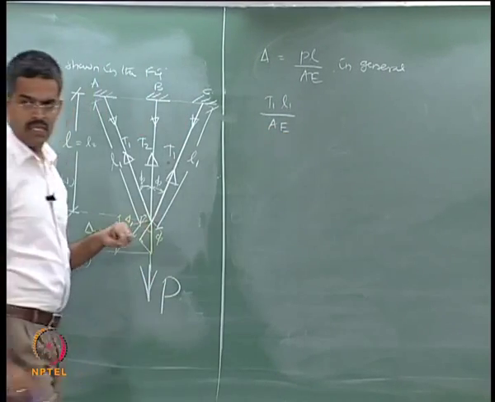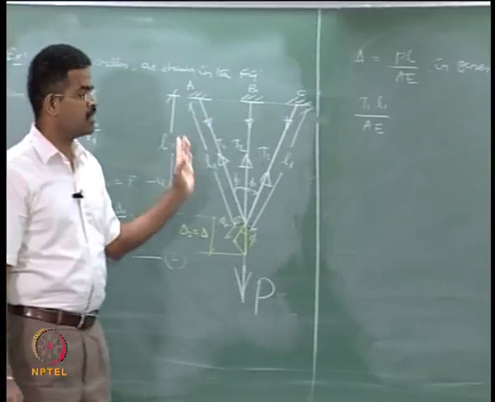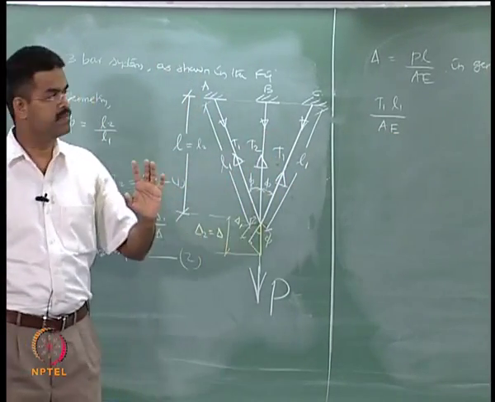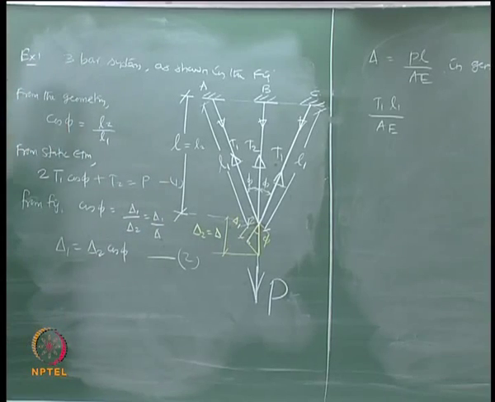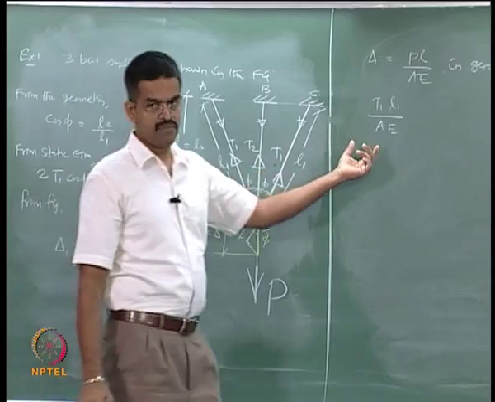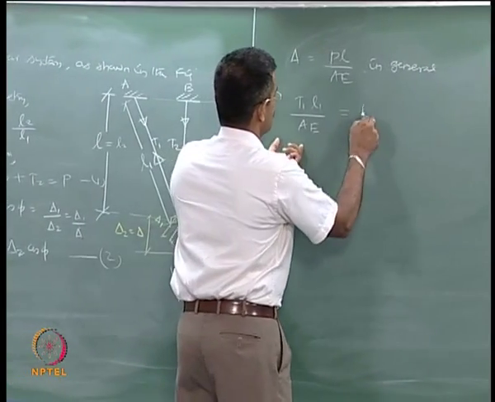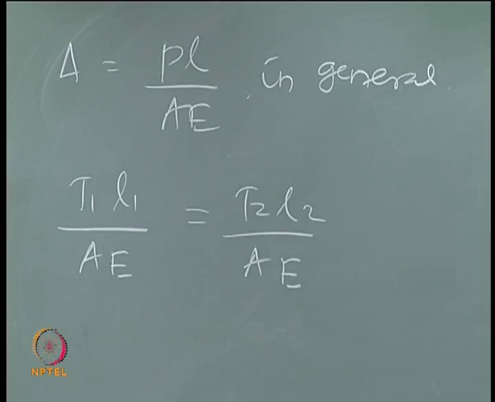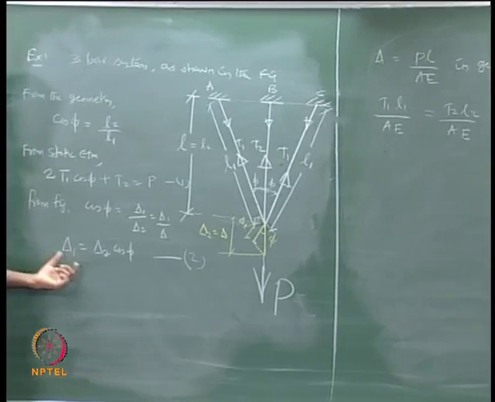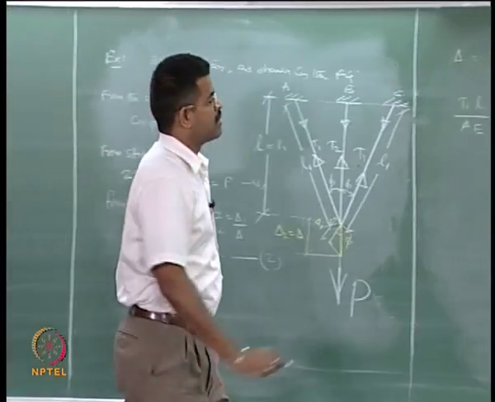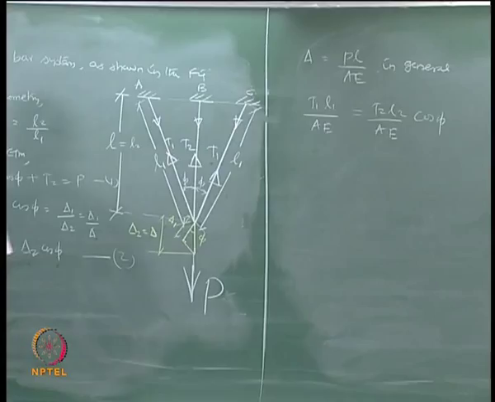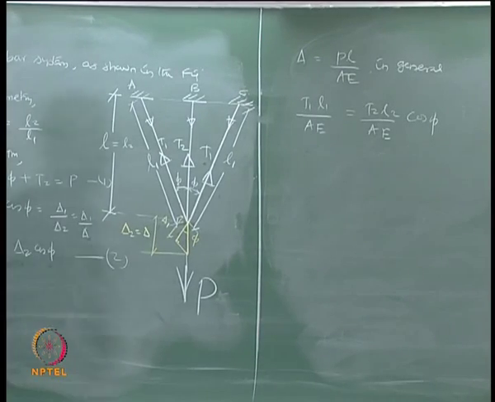I want to maintain the area of cross section of all the 3 bars the same, and Young's modulus of the material remains the same. Right, that is nothing but delta 1 equal to T1 L1 by AE, delta 2 equal to T2 L2 by AE, and I already know delta 1 is delta 2 times cos phi. I multiply cos phi here, equation 3.